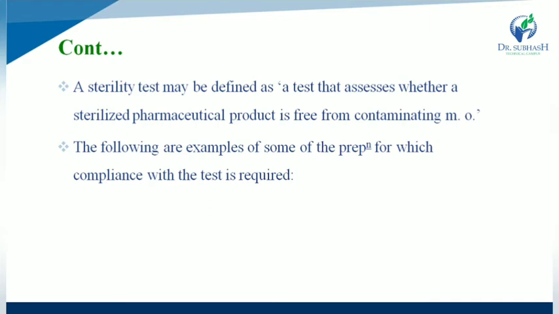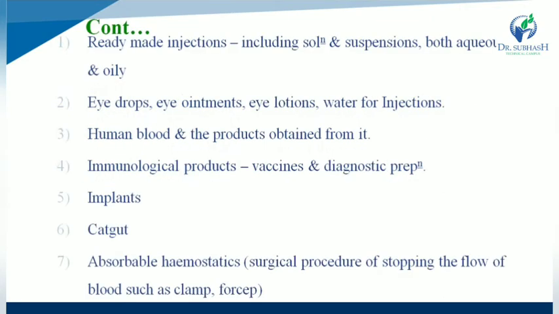The following are examples of some of the preparations for which compliance with the test is required. Examples are ready-made injections including solutions and suspensions, both aqueous as well as oily. Next one is eye drops, eye ointment, eye lotion, and water for injection.